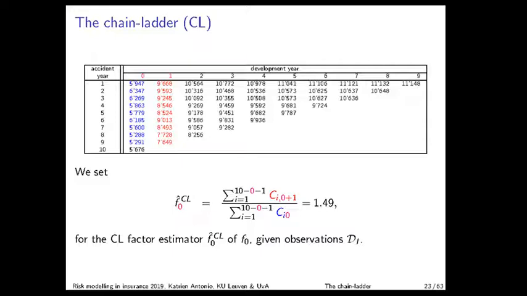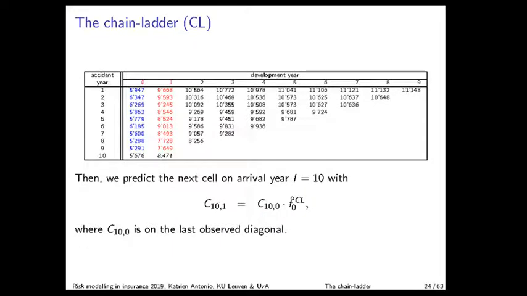As such, this development factor measures how the data in blue grow to the data in red, averaged across all occurrence periods for which both development periods are observed. With the numbers in the triangle, development factor f0 is estimated here as 1.49. Now, the chain ladder method uses this development factor to predict the cumulative amount for occurrence period 10, development period 1.